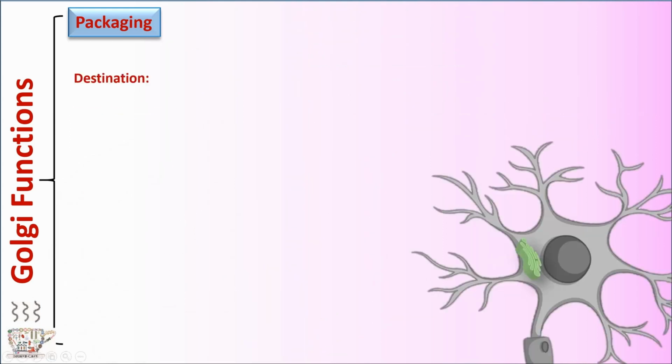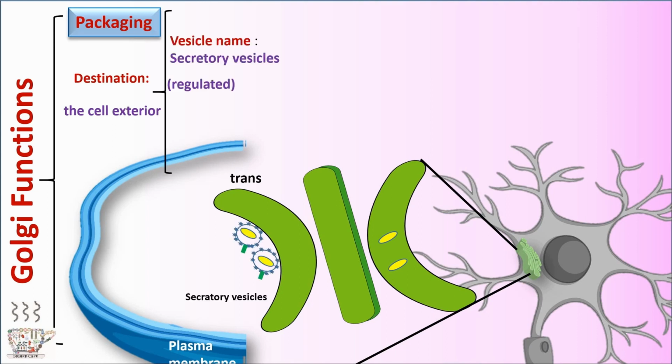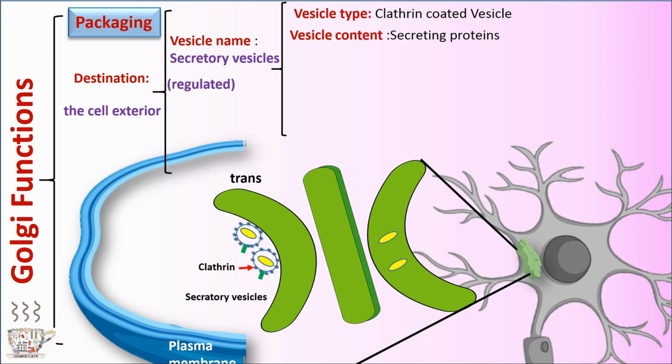When the destination is the cell exterior, vesicle name can be secretory vesicles or regulated vesicles too. Vesicle type is clathrin-coated vesicle, and vesicle content is secreting proteins.